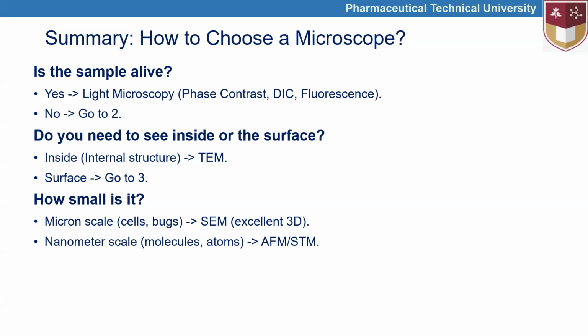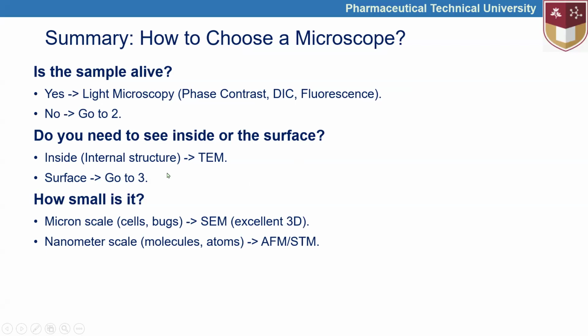And we can obtain different figures of cells, and in some cases by using fluorescence microscopy we can see subcellular compartments, organelles. And if the answer is no, then another question can be asked: whether we need to see inside or the surface.